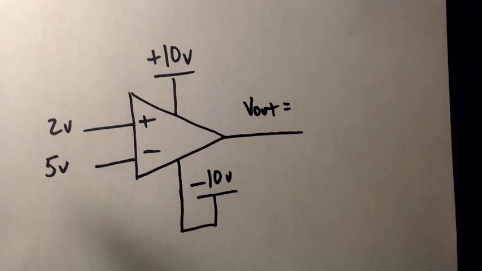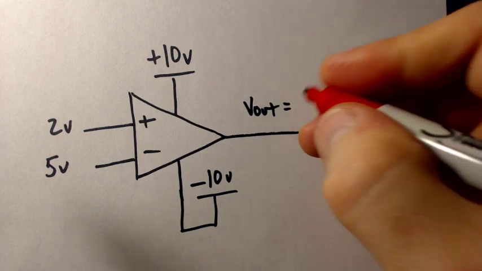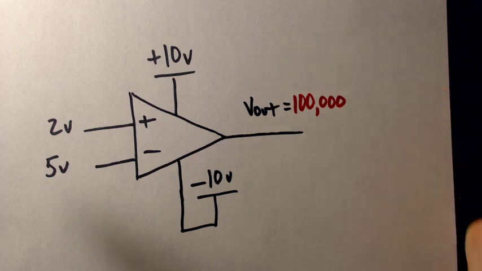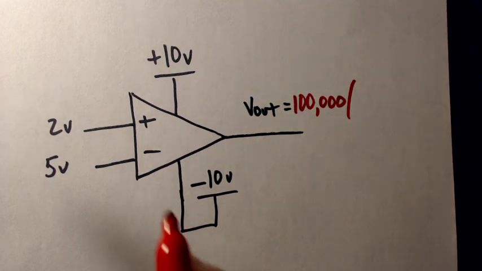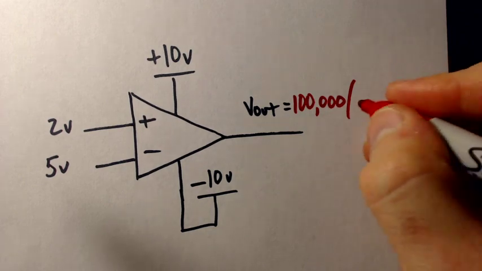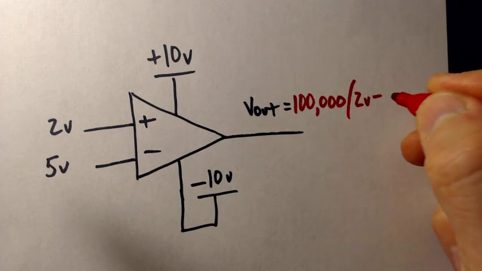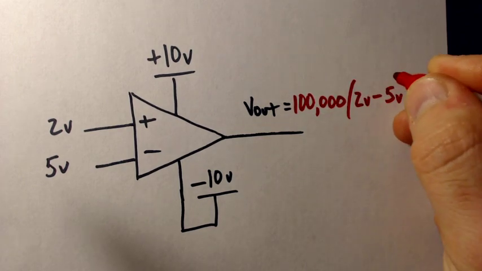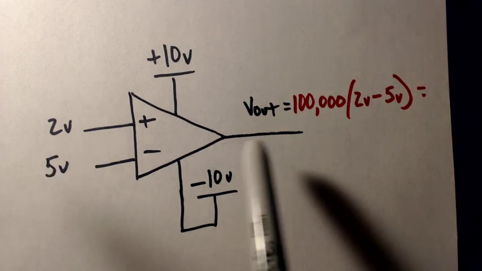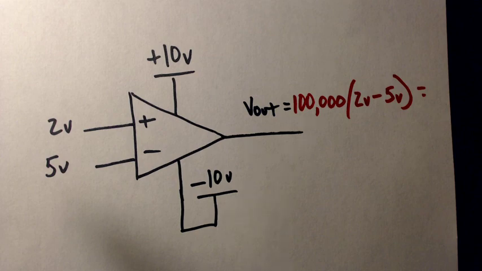Okay, perfect question that I would ask. All right, well, V out is going to be equal to our incredibly large open loop gain, 100,000, times plus 2 volts minus 5 volts, so the difference between the two. Well, that's going to be minus 3 volts times 100,000.